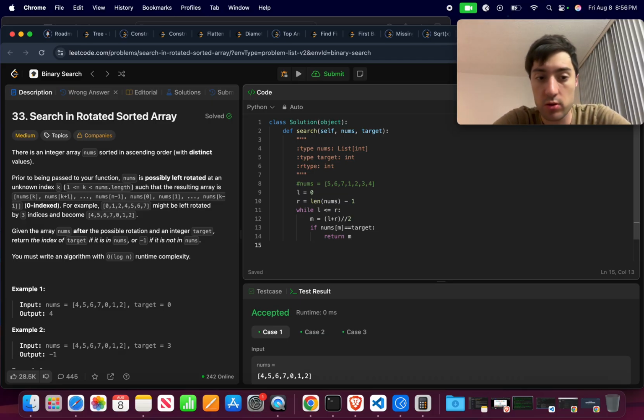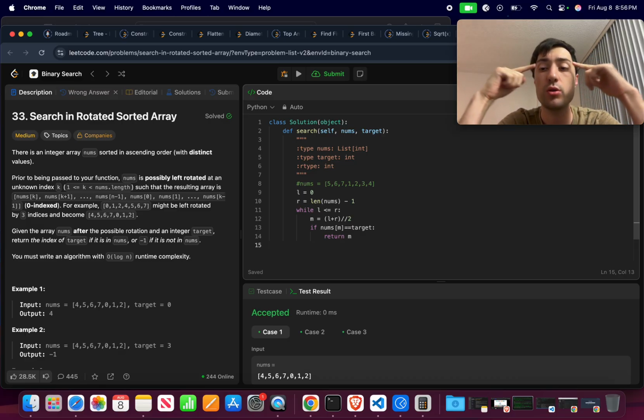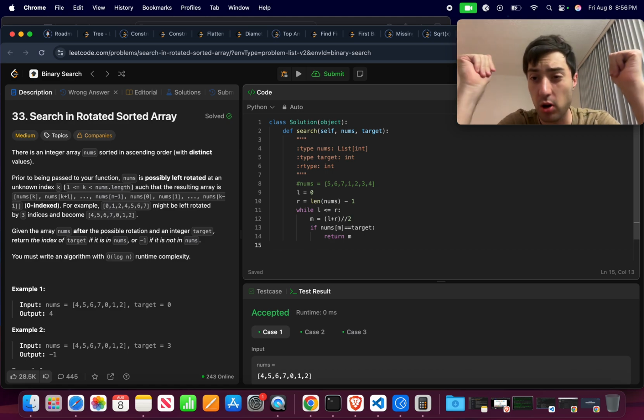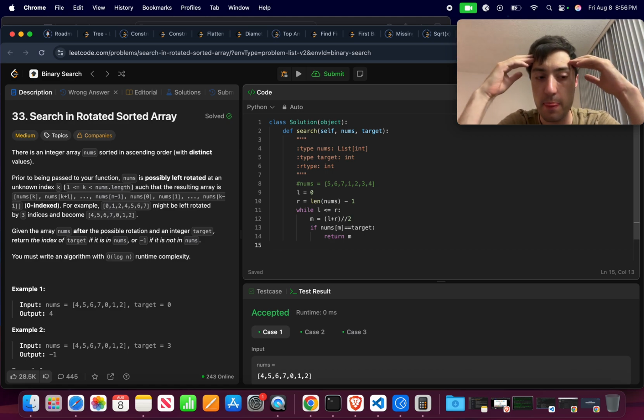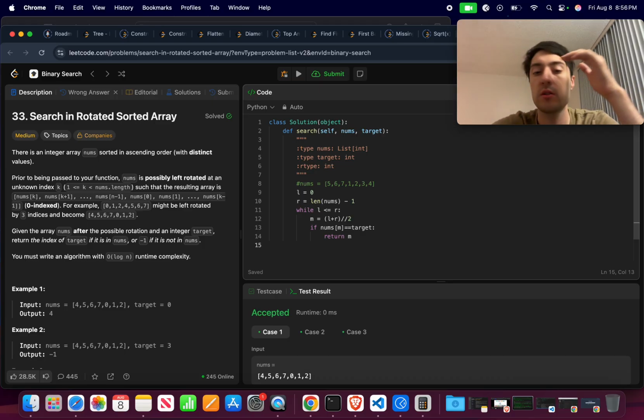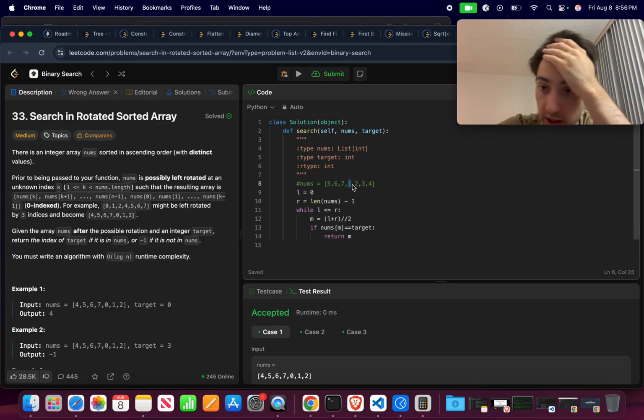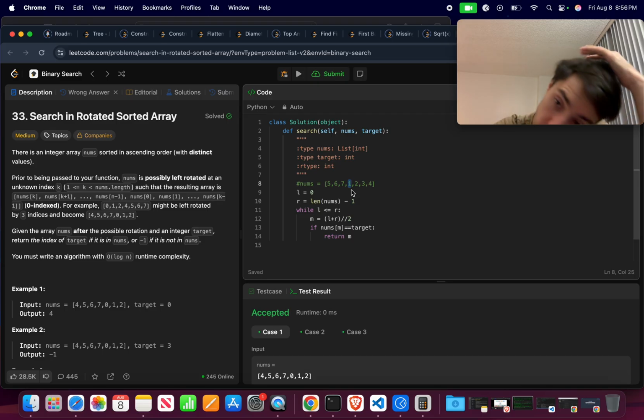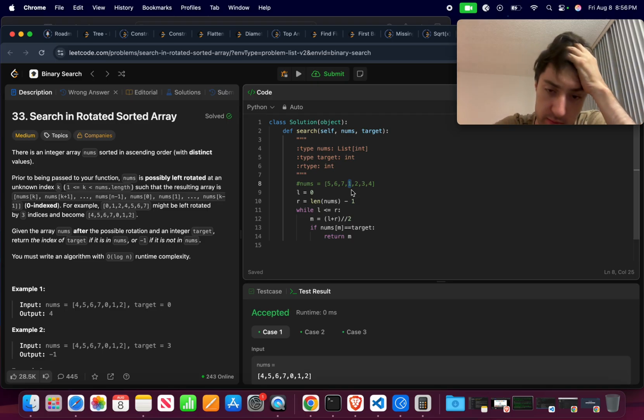Now comes the difficult part of trying to think about how to throw away part of our section. So let's say that I find this 1 here. I find the middle and it's 1, and I'm looking for 4. That's my target.